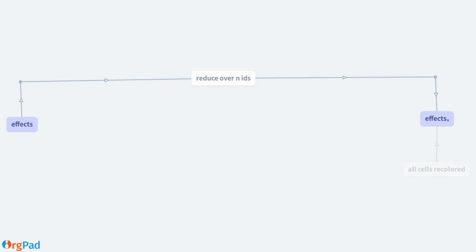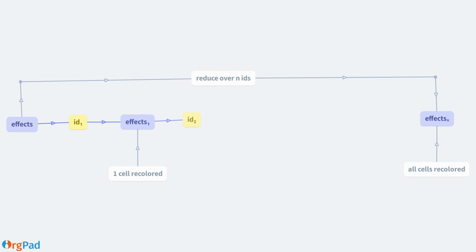We start with effects describing the state of the system before randomizing colors. Reduce computes a new state effects n, where the colors of all units are randomized. It changes the colors of units one by one. First, it changes the color of the unit ID 1, which produces a new state effects 1.